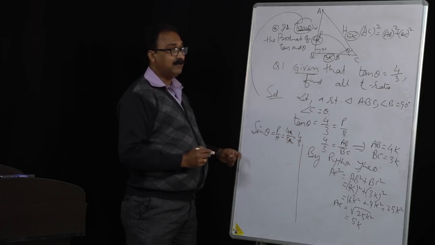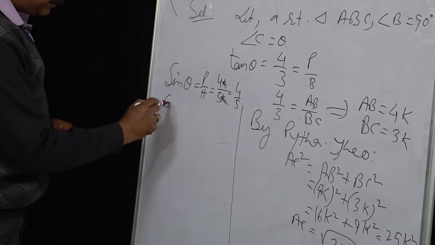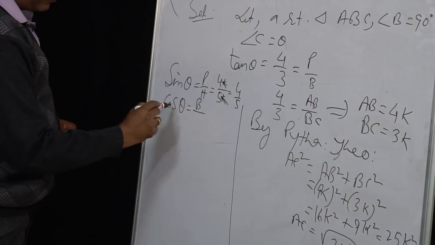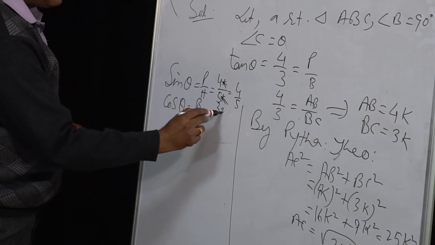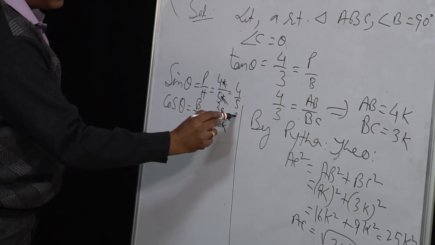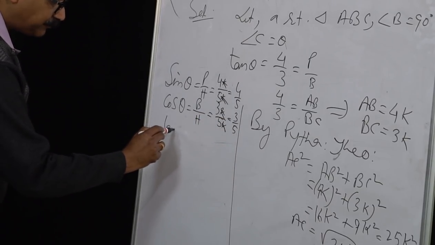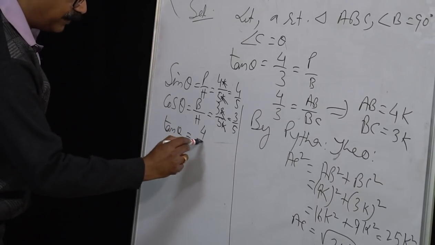So we get the sin theta value 4 by 5. Then cos theta: the base is 3K, the hypotenuse is 5K. So K cancels, we get 3 by 5. Then tan theta, they have given in the question, 4 by 3.